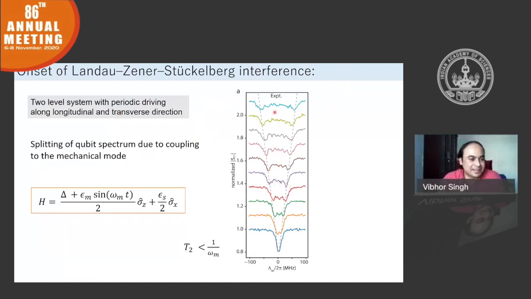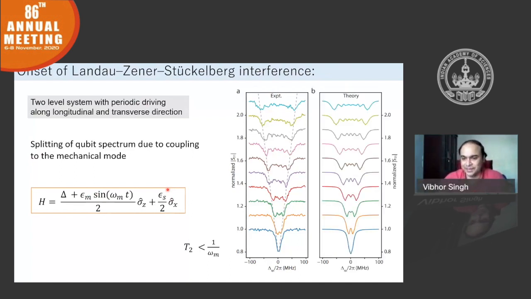This seemed like a very simple model where the qubit is being driven transversely and longitudinally simultaneously. It turns out that although it seemed simple, there is no analytical solution for it. So one has to resort to numerics to understand the qubit spectrum. These are results from numerics of such a Hamiltonian, and they match fairly well with the experimental data.